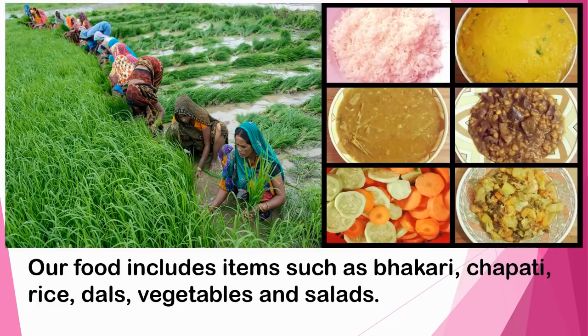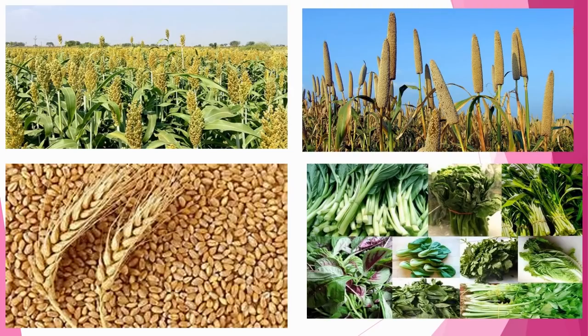And all this food we get because farmers work in the field to provide us food. These food items are prepared from crops grown in the field. Crops like jowar, bajra, wheat, rice, pulses, as well as leafy vegetables and other vegetables are grown in the field.